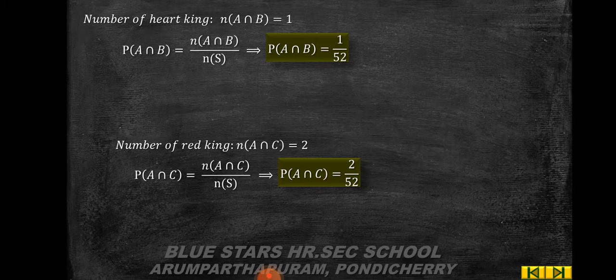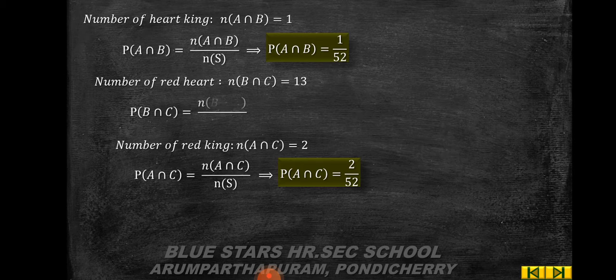P of A intersection C is equal to N of A intersection C by N of S. So P of A intersection C is equal to 2 by 52. Number of red hearts. So N of B intersection C is equal to 13. P of B intersection C is equal to N of B intersection C by N of S, which implies P of B intersection C is equal to 13 by 52.